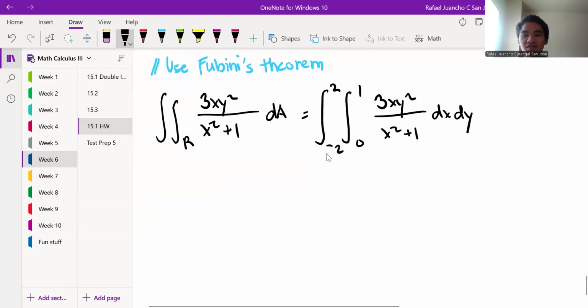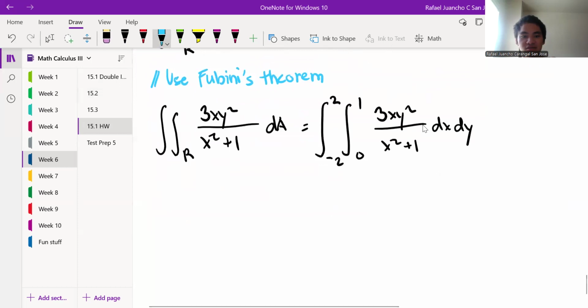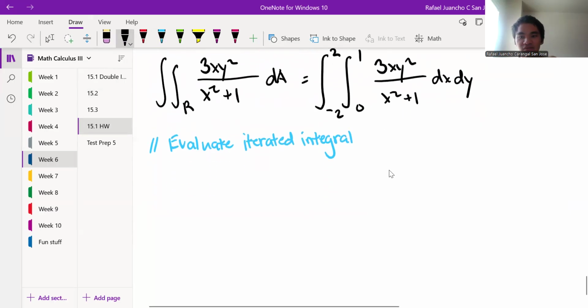It's the same thing as this. And then from there, we basically evaluate the integral. Now this is what we know as an iterated integral. Let's go ahead and evaluate it.